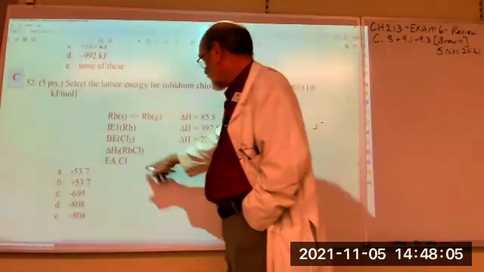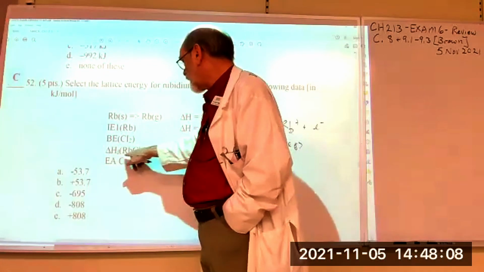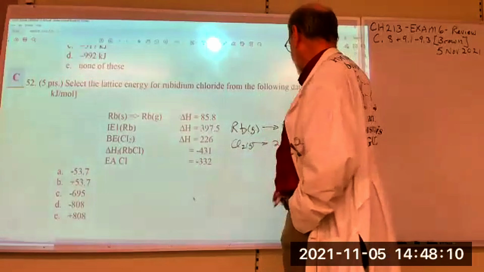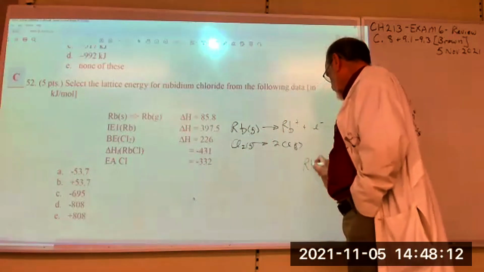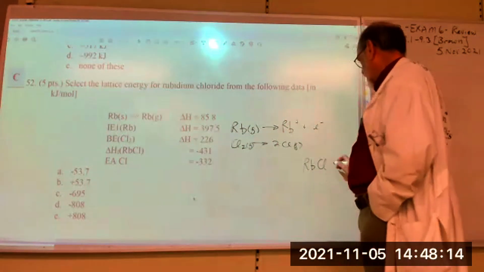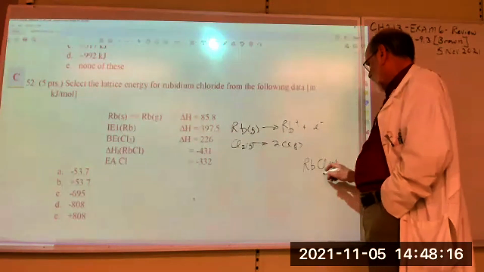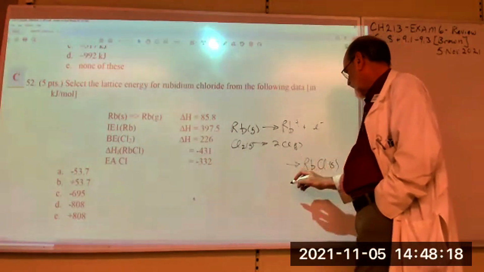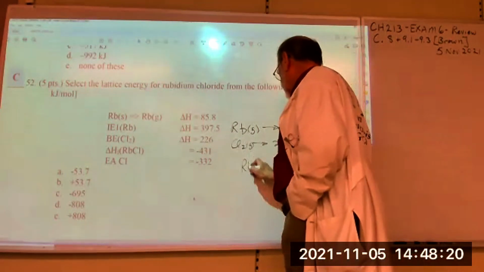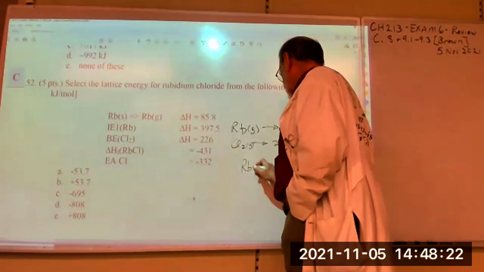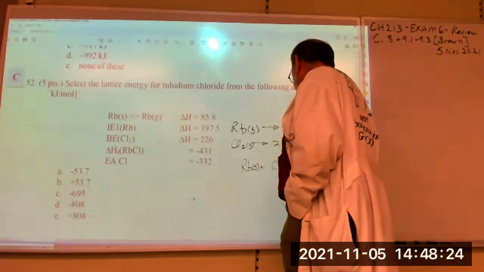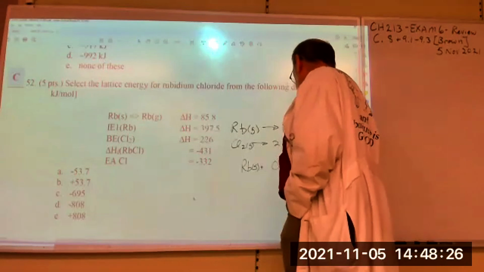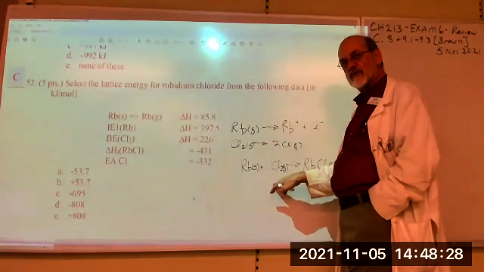And then this one is the energy, the enthalpy of formation for rubidium chloride. So remember that one, rubidium chloride, most stable is a solid. And then you would form that from rubidium solid because it's a metal. And then chlorine gas, because that's the most stable at room temperature and pressure.